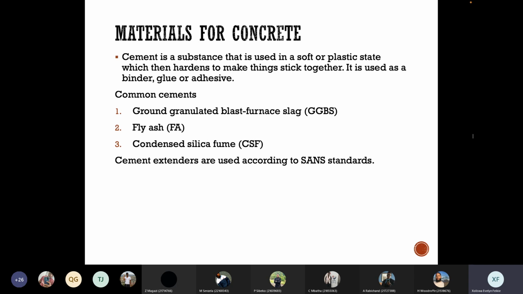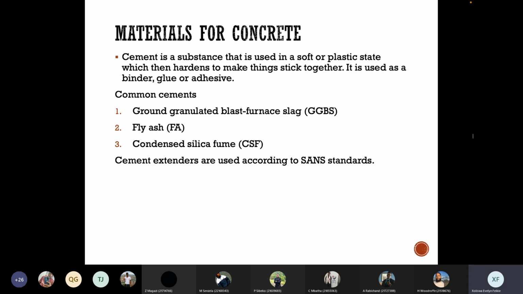Materials for concrete, we said that we already know that we have cement, water, and aggregates. So they say that cement is a substance that is used in a soft or plastic state, which then hardens to make things stick together. In this case, what do we mean by we wanted to stick certain particles together?